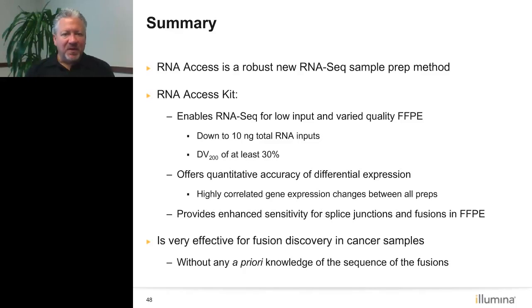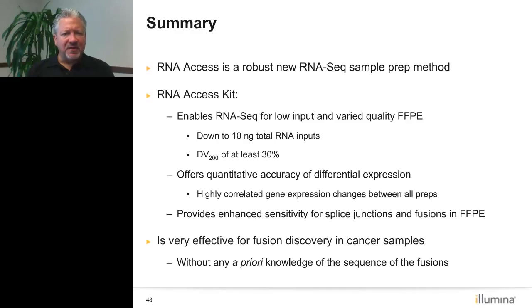The first kit that I talked about is the whole transcriptome enrichment. It allows us to look at essentially all known RefSeq genes and look at very quantitative differential gene expression. I showed you how we can use samples down to 10 nanogram inputs for fresh, even some FFPE, certainly down to 20 nanograms for most FFPEs.